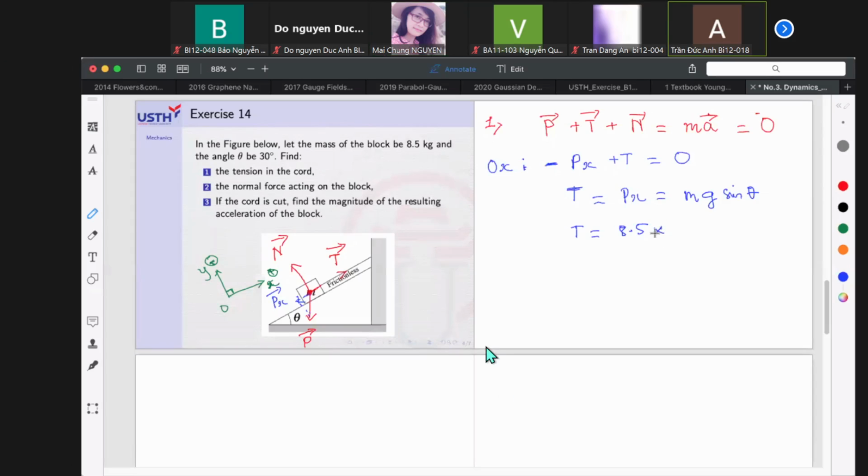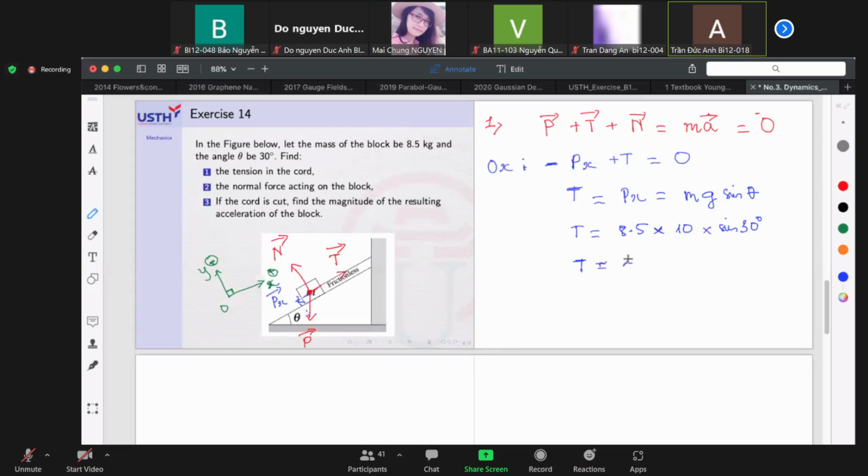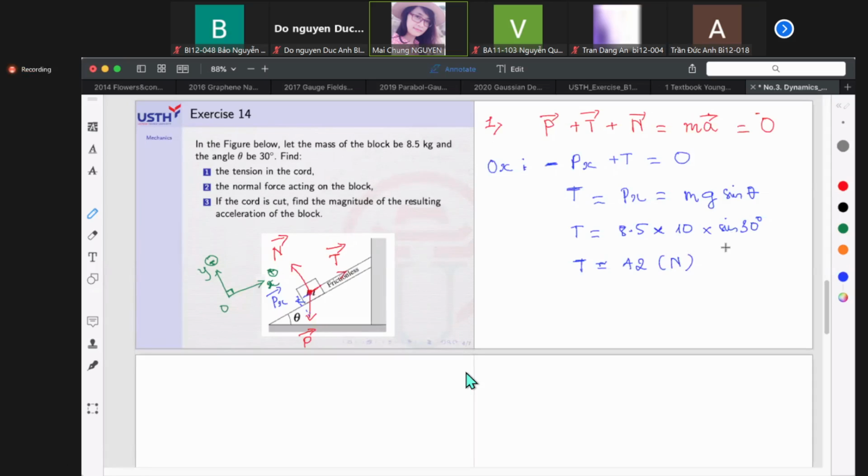I will choose 10, with the sin of 30 degrees. So the final value of T is 42.5, approximately 42 Newtons, right?